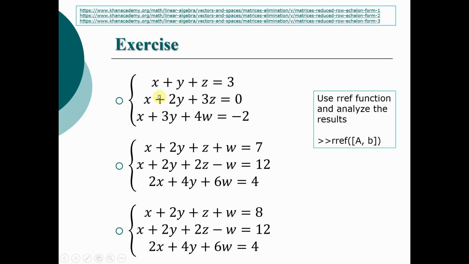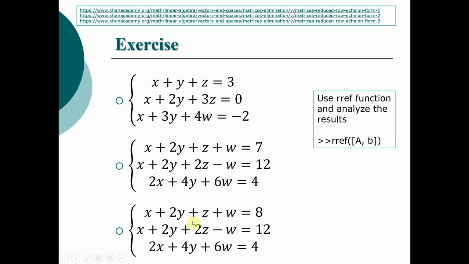So here, let's look at the first system of equations. The matrix of coefficients is 1, 1, 1, 1, 2, 3, and 1, 3, 4. And the right hand side is 3, 0, negative 2.